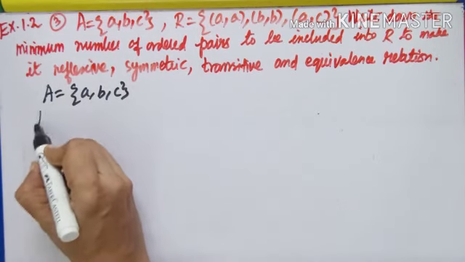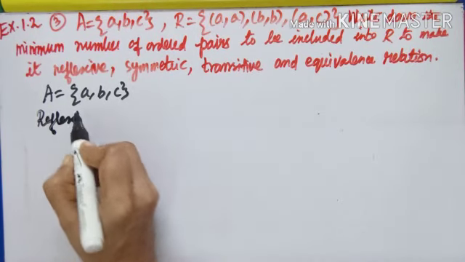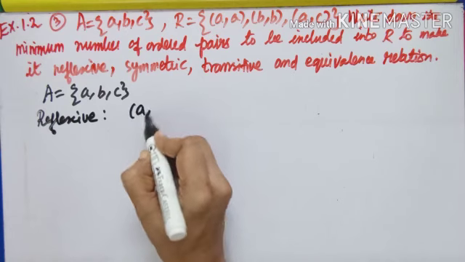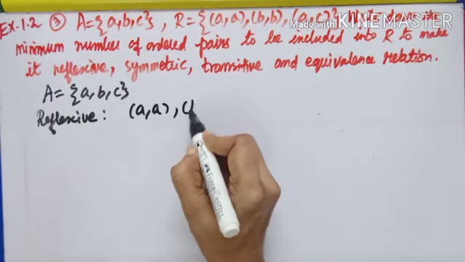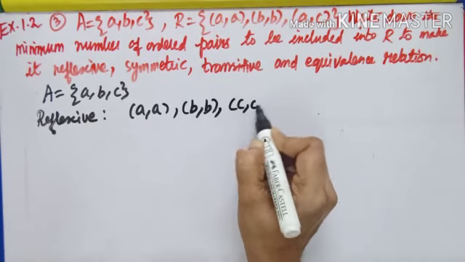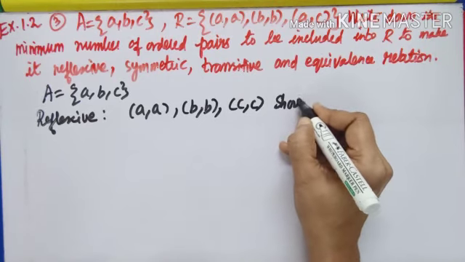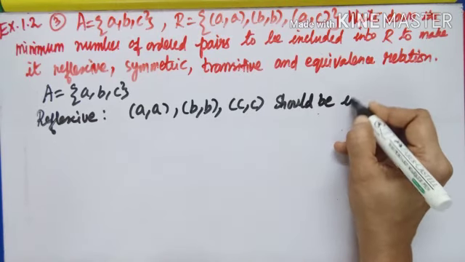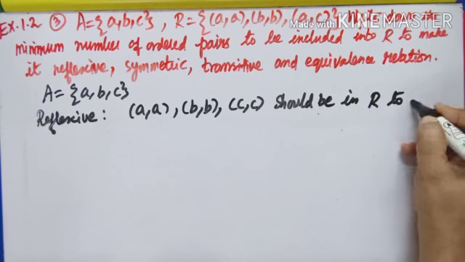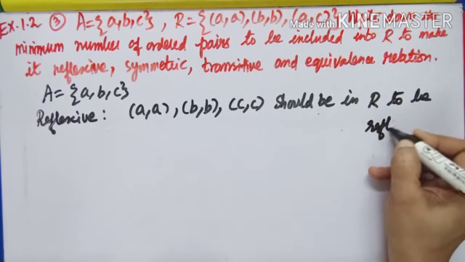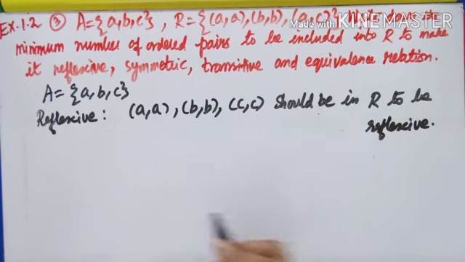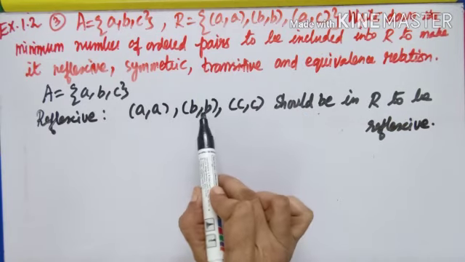If it needs to be reflexive, what all should be there? The repeated pairs (a, a), (b, b), (c, c) should be in R to be reflexive. Check which are present in R. (a, a), (b, b) are present.